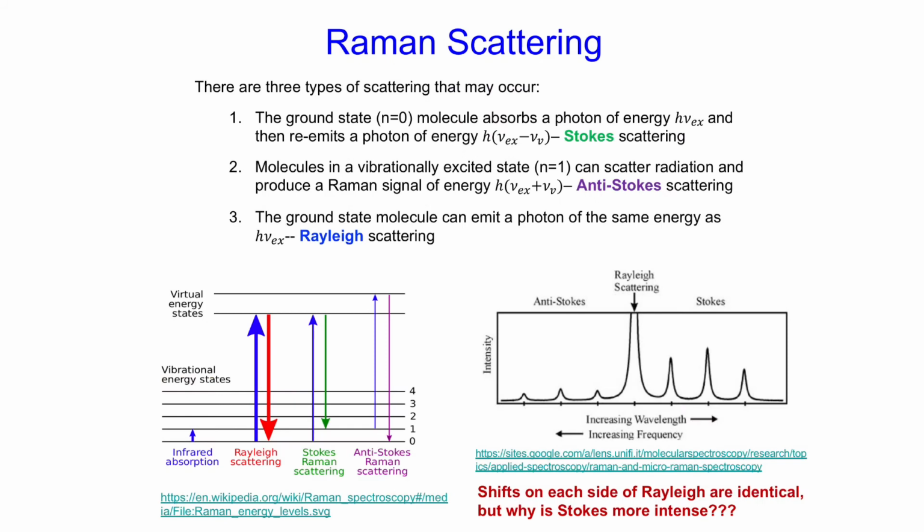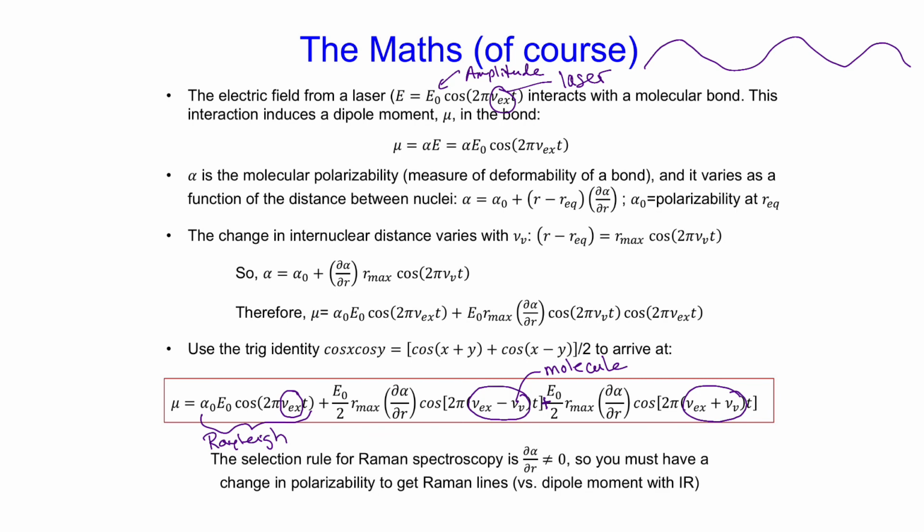So if we go back and look at our energy level diagram, that means that that term is going to correspond to our lower energy. That's our Stokes. So we can label this. It's just our Stokes term. And then that leaves us with our anti-Stokes.